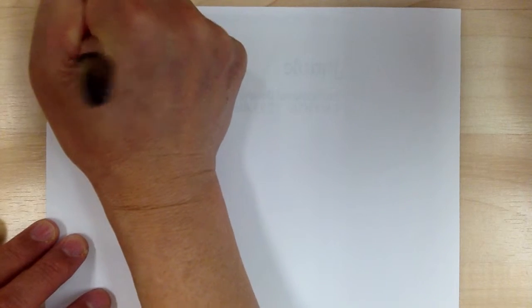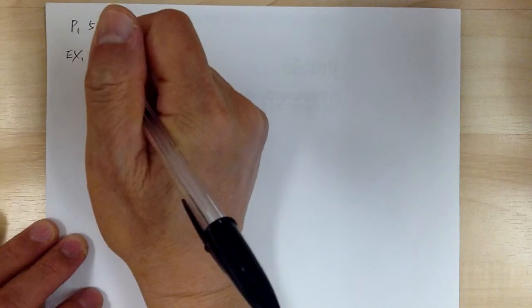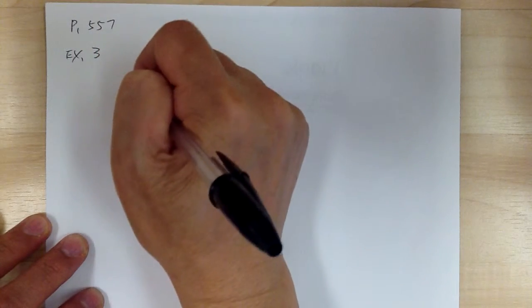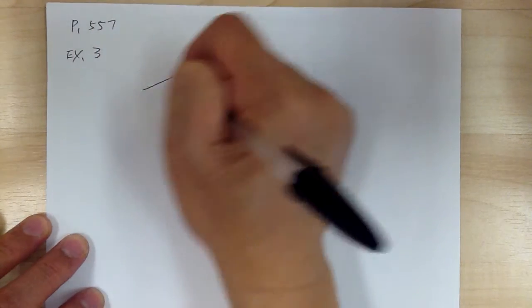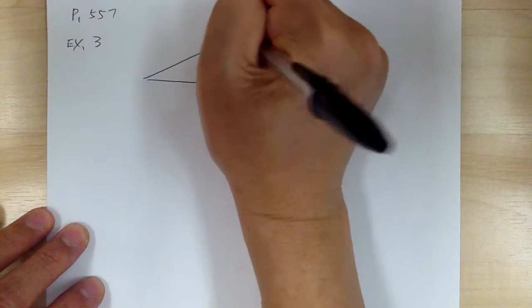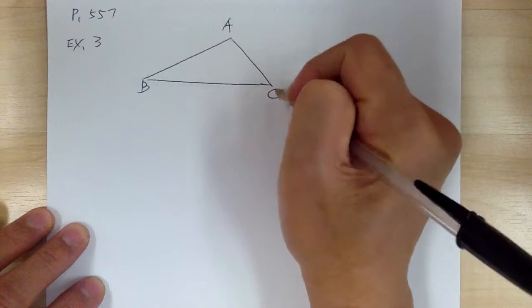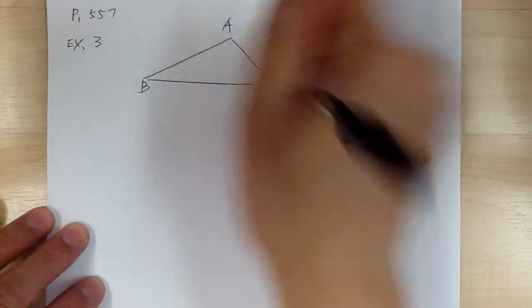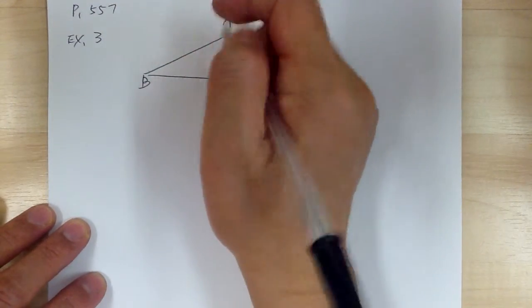So let's go to example 3. Okay, so again, you have the triangle. Again, it doesn't matter how you draw a triangle, just draw a triangle, and so it's just something to look at.